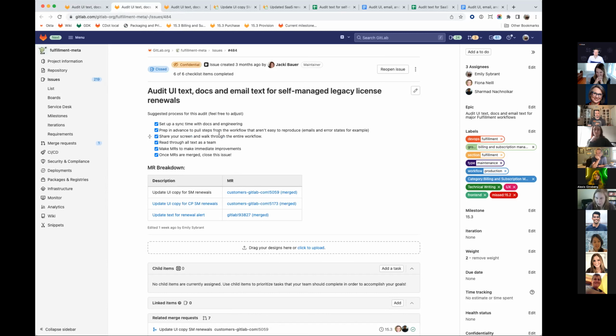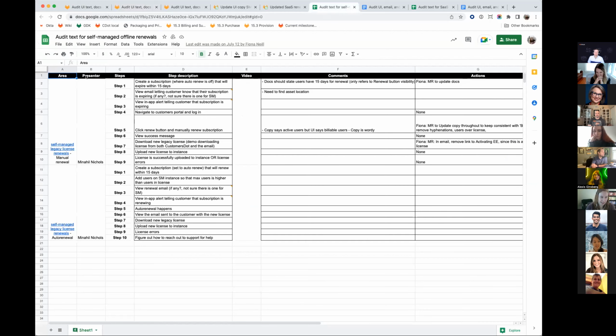The first thing that we learned as we scheduled our first meeting was, as the meeting was coming up, we thought, wait, maybe we need to prepare for this a little bit more. So Fiona had this great idea. She came up with a spreadsheet where we'd have the area.